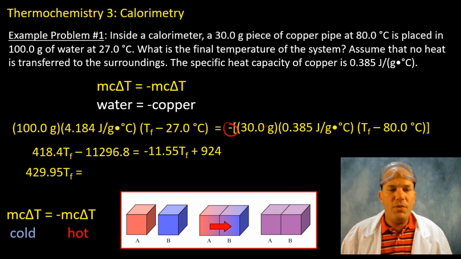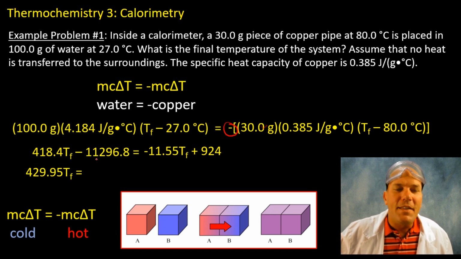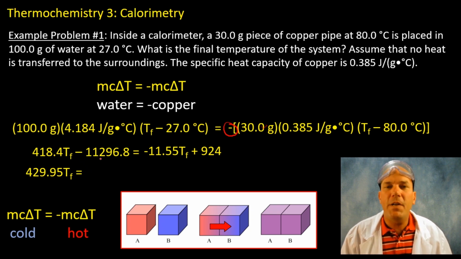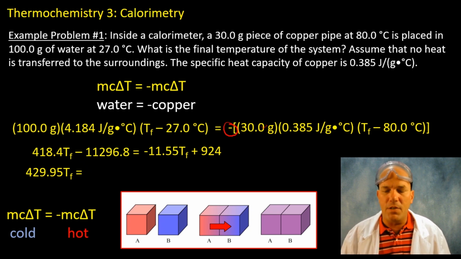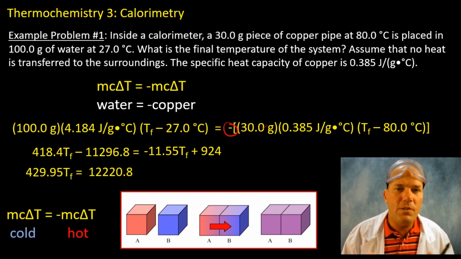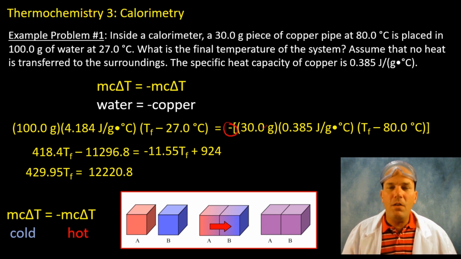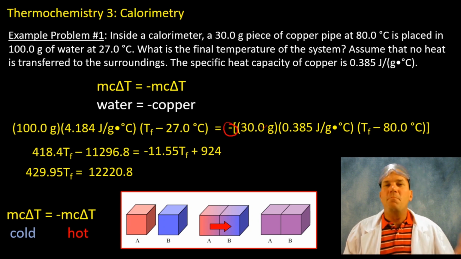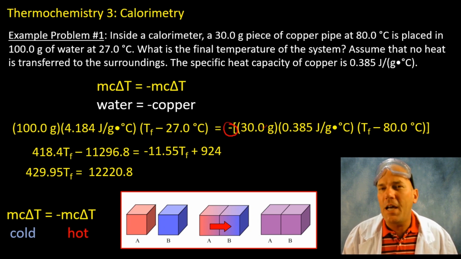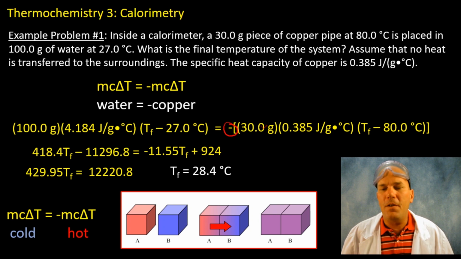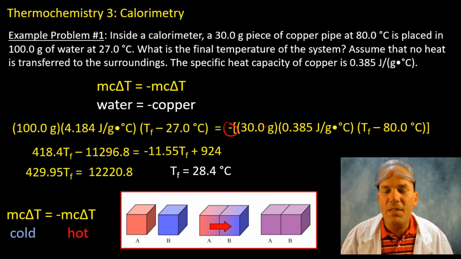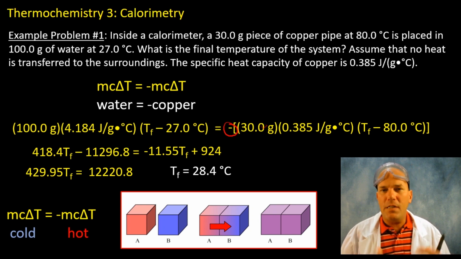You're then going to add 11,296.8 to both sides of the equation, which will bring you to a positive 12,220.8 on the right side of the equation. All of our signage is gone. Dividing both sides by 429.95 gives us our final temperature of 28.4 degrees Celsius with 3 significant digits.